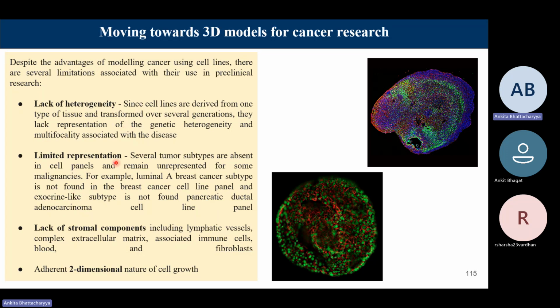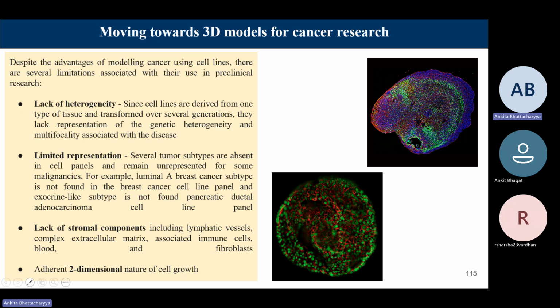Then limited representation, because not every subtype of every cancer can actually be modeled using cell lines, simply because they do not exist. Of course, there's scope that in the future you'll have more and more cell lines. But as you can understand, for a cell line to be established, to be commercially viable, and to be standardized to such an extent that it is truly considered a model for research, that's going to take a lot of work.